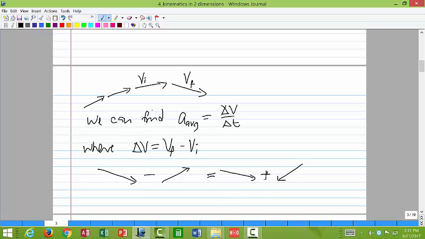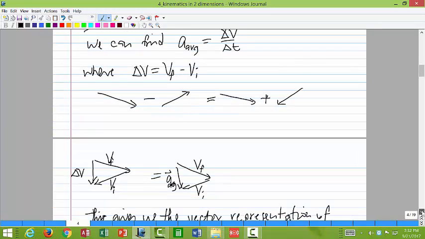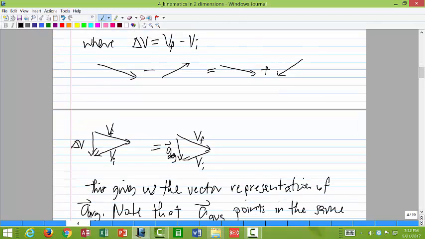So what you see here is I've taken the final velocity minus initial, and I've taken the initial velocity vector and flipped it over and added it to the final velocity vector as we've learned before. Then I take the tail of the initial velocity vector and put it on the tip of the final velocity vector. So the change in velocity is the arrow drawn from the tail of the final velocity to the tip of the initial velocity. That change in velocity vector gives us the same direction as the average acceleration.